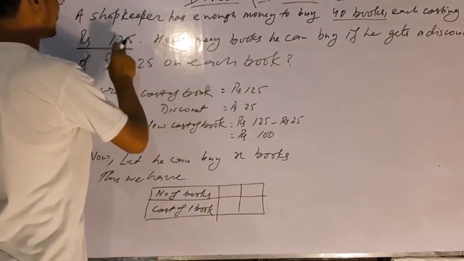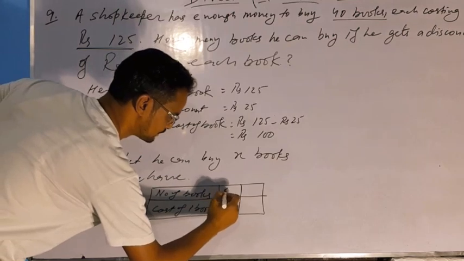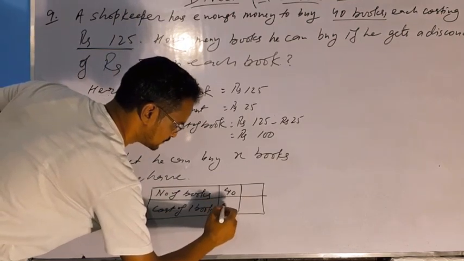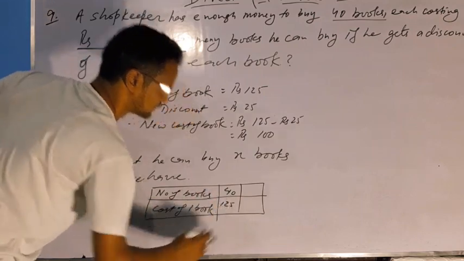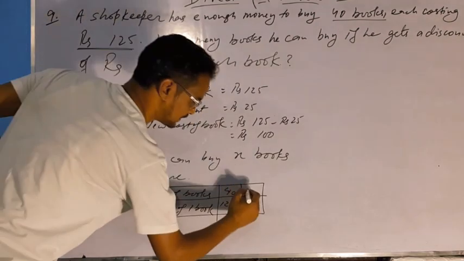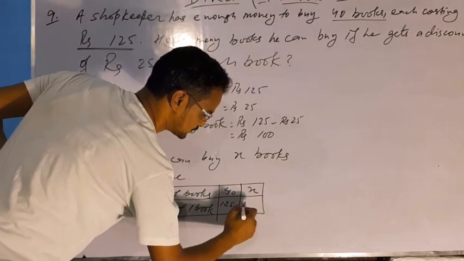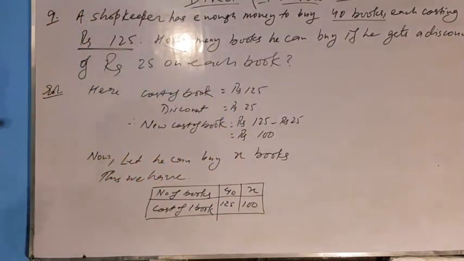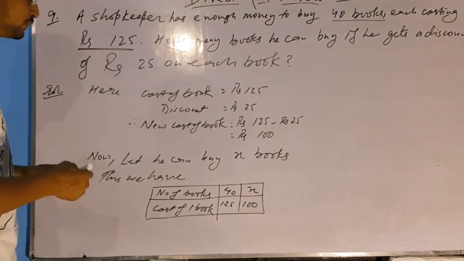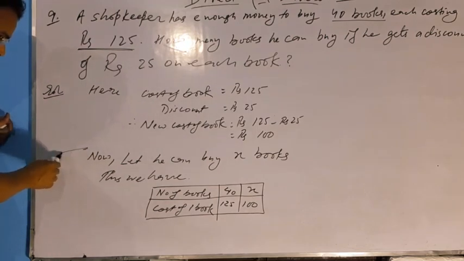The number of books is 40, at a price of rupees 125. Now he can buy x books at a cost of rupees 100, which is the discounted price, since 25 rupees is discounted. You may solve this question from there also.